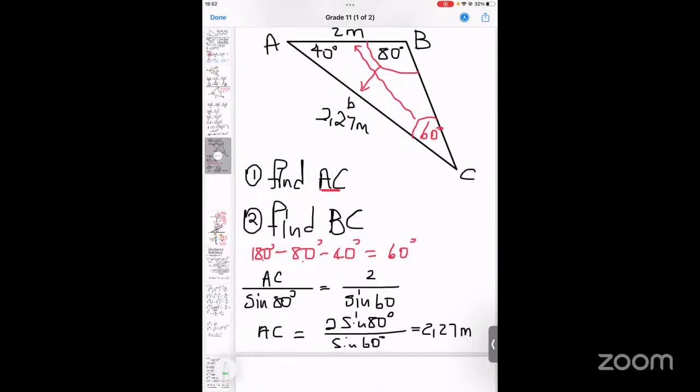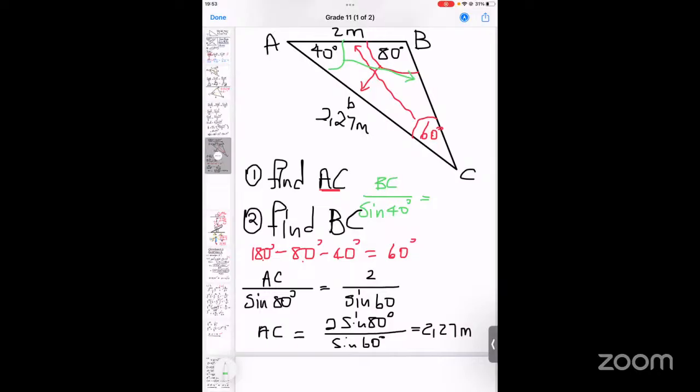Then when it comes to BC, again you can say BC over sine of the opposite angle. Then you can equate this to the information that is already there, not what you calculated.